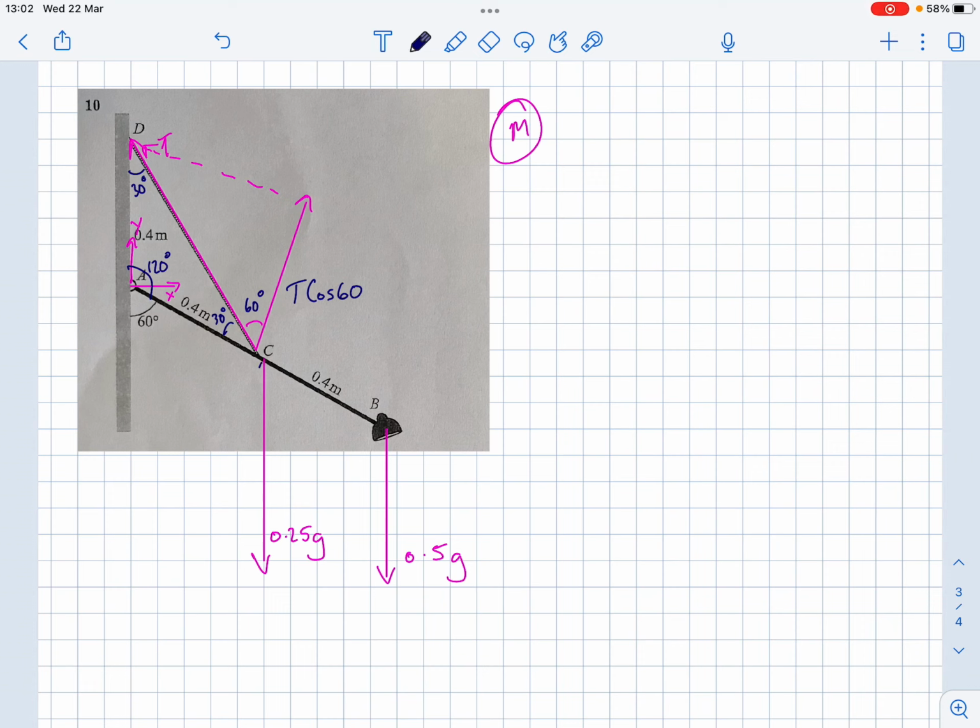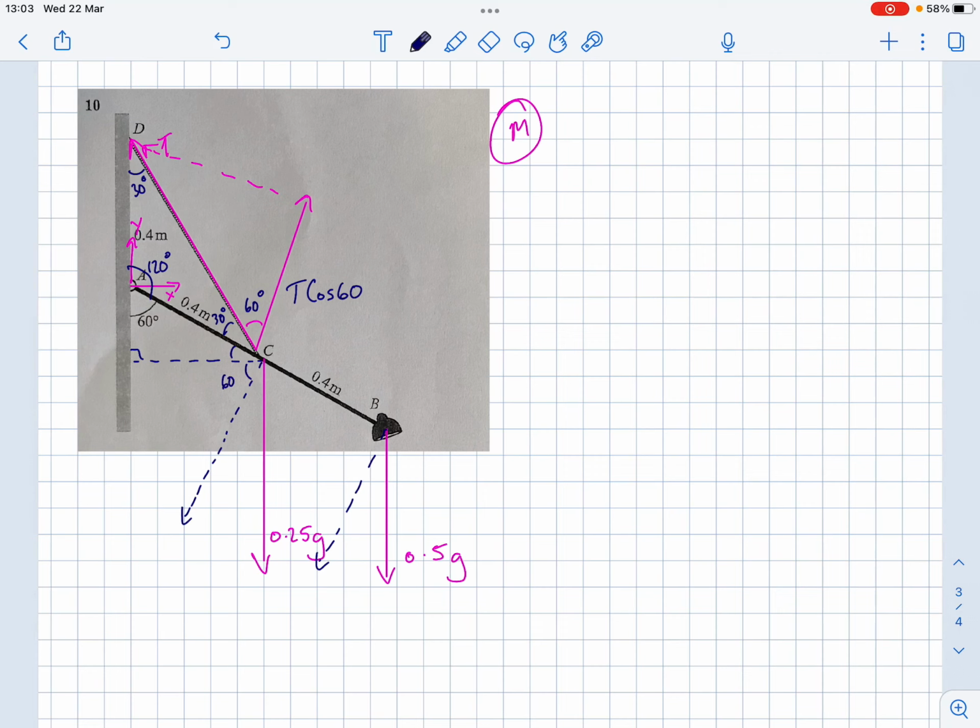I've then got to do the same thing for these components of the weight. I need the perpendicular one. Let's do a little bit of work to work that out. This is a right angle triangle here, so that would have to be 30.